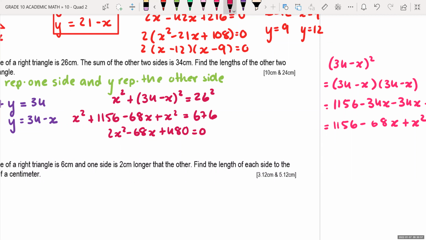Okay, now I'm going to go ahead and factor out the 2, and I'm going to get x squared minus 34x plus 240 is equal to 0. Where did I get the 2x squared from? See how I have an x squared here and an x squared here? I just added those together to get 2x squared.